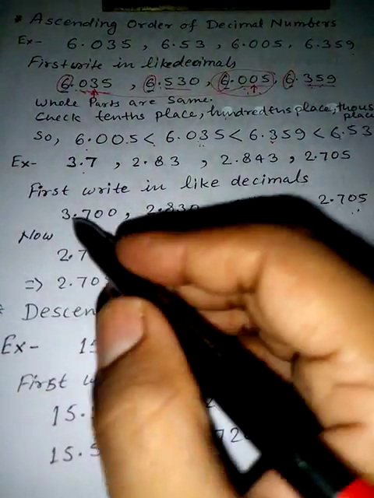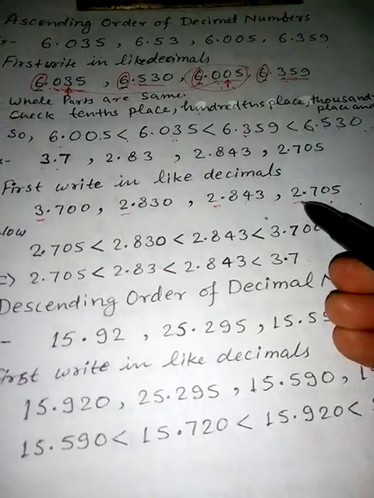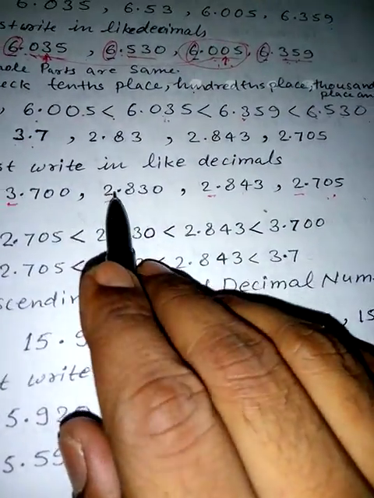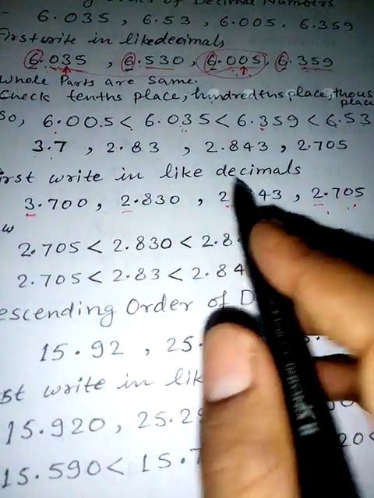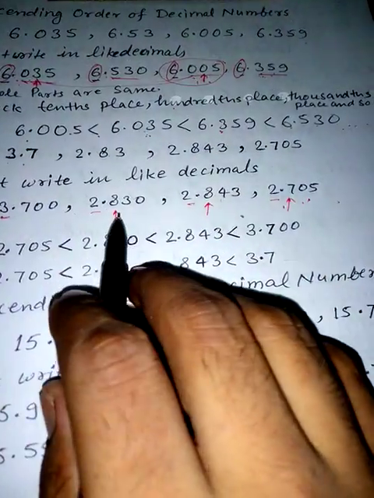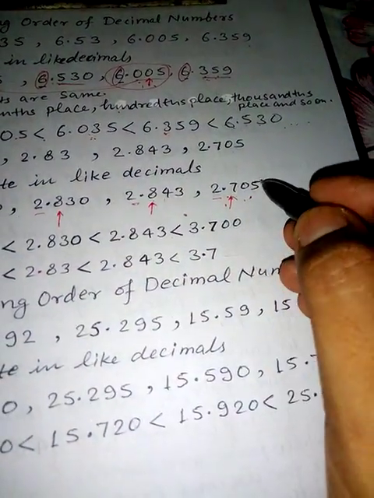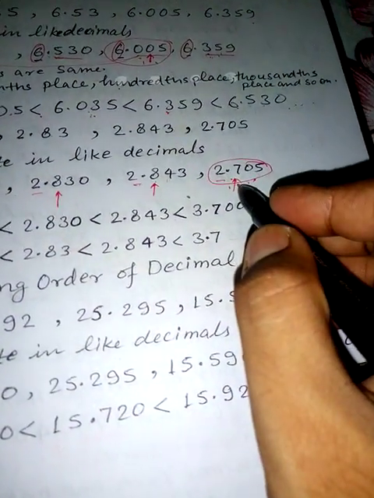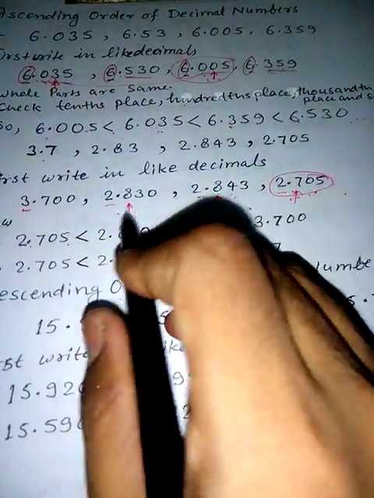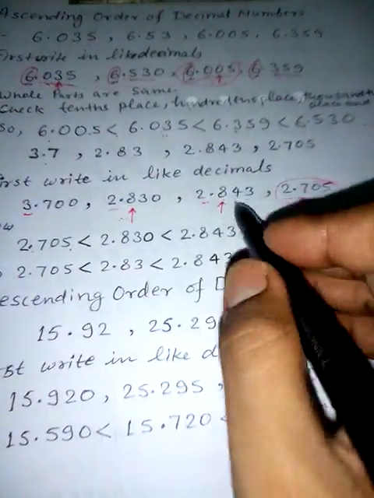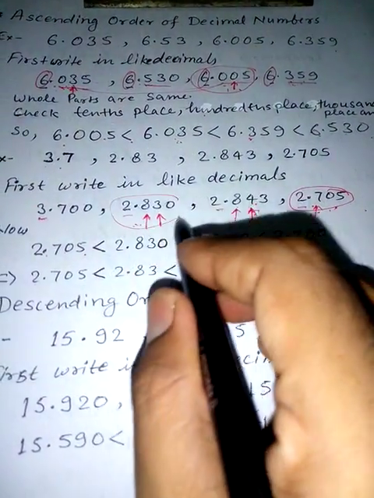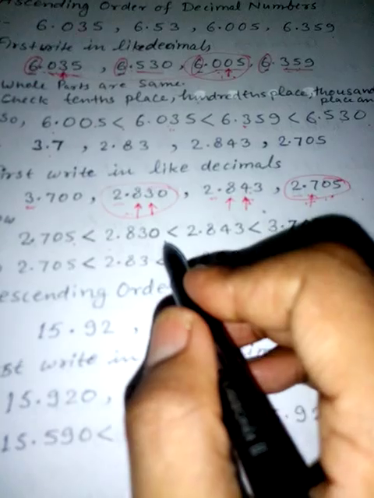Here you can see the whole parts 3, 2, 2, 2. It means this number is the biggest, so leave it first. Now come to the 2, 2, 2. After 2, you can see the 10th place. Here 8, and here 7. So the lesser is 7. So the first number is 2.705. Now you have to check these two numbers. The 10th places are the same, so check the 100th place. In the 100th place it is 4 and it is 3, so it is less, so we have to write 2.830.